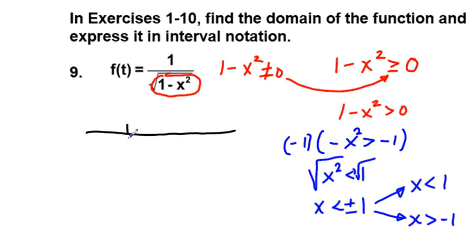Our critical numbers are negative 1 and 1, and we have an open point at negative 1 and an open point at 1 because those values are not included, and in between those 2 points would be the domain. So the domain in interval notation is greater than negative 1 and less than 1.